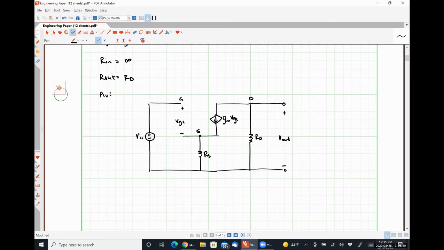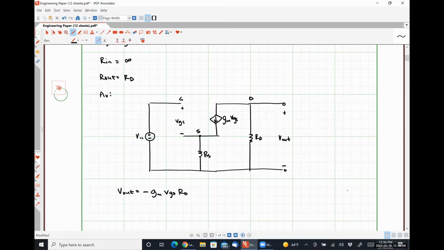So, using Ohm's law, we can see that our output voltage, V out, is negative GM VGS multiplied by RD, because the current of GM VGS flows into the negative polarity terminal of RD and then flows out in its path around this loop.